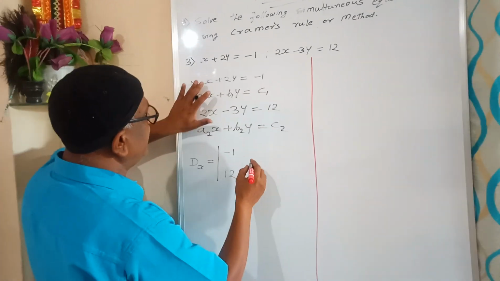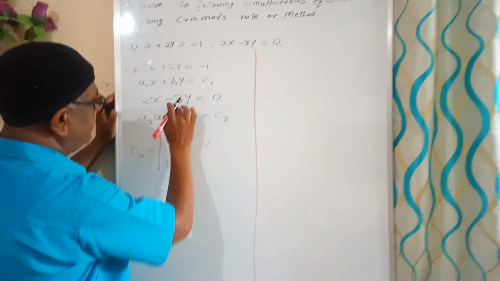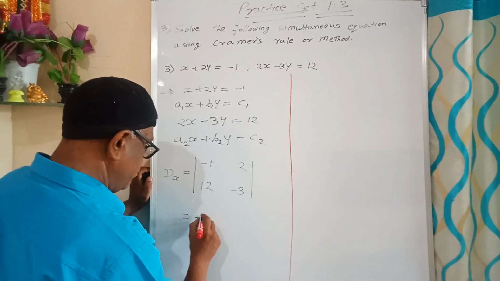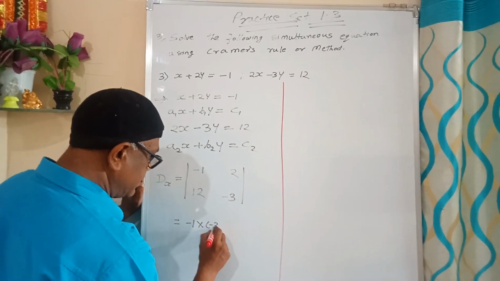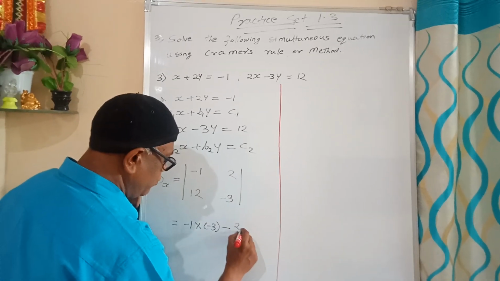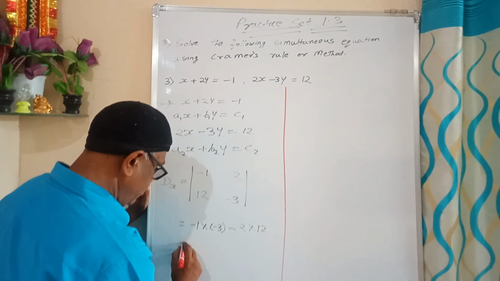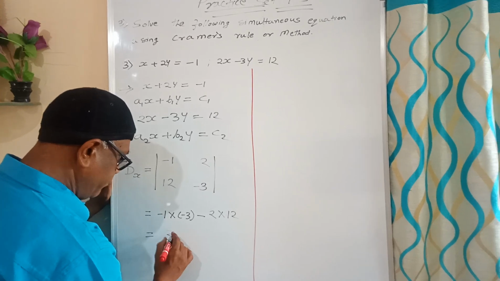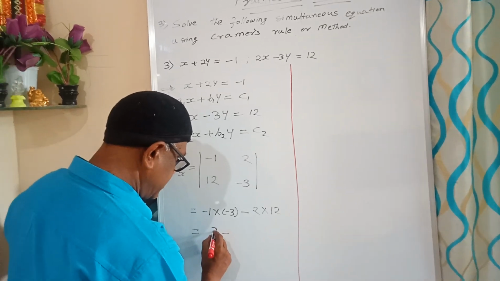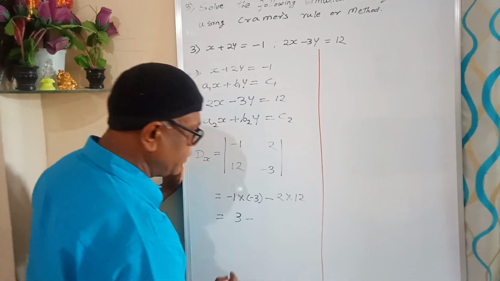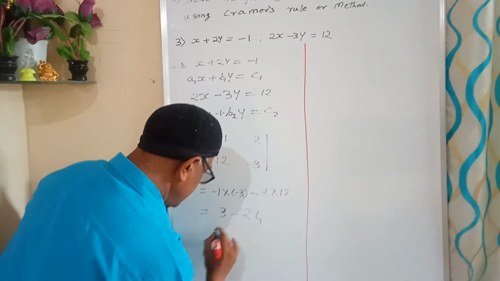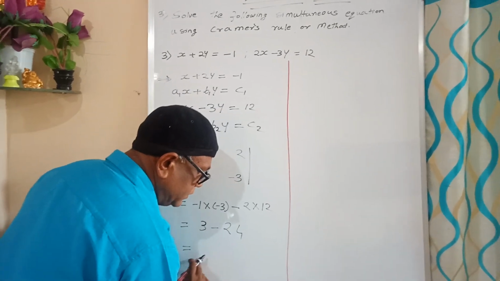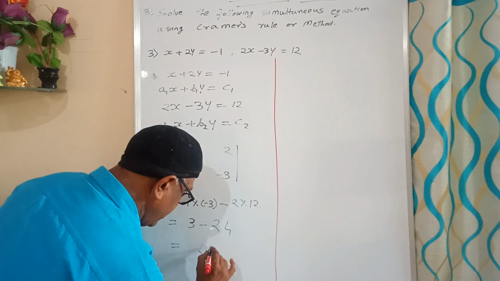Now the coefficient of y, that is 2 and here minus 3, which is equal to minus 1 into minus 3 minus 2 into 12, which is equal to minus into minus, that is a plus. 3 ones are 3, minus 2 into 12, that is 24. 3 minus 24, that is 21.